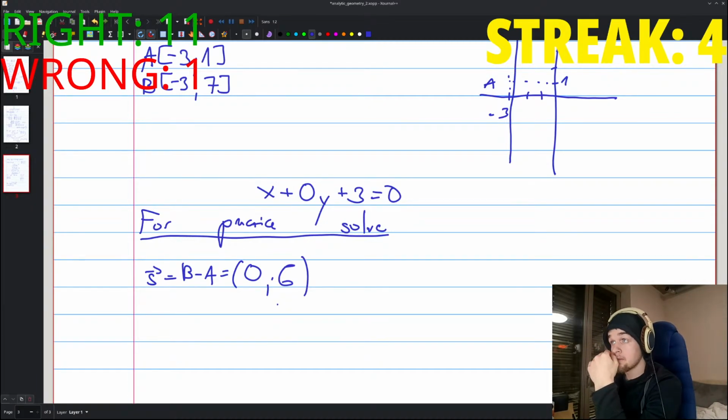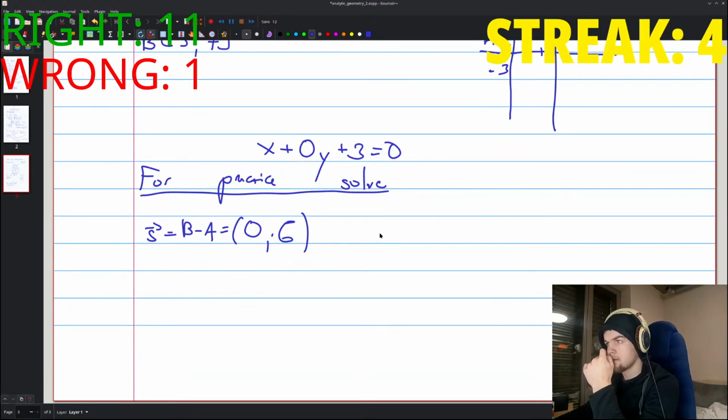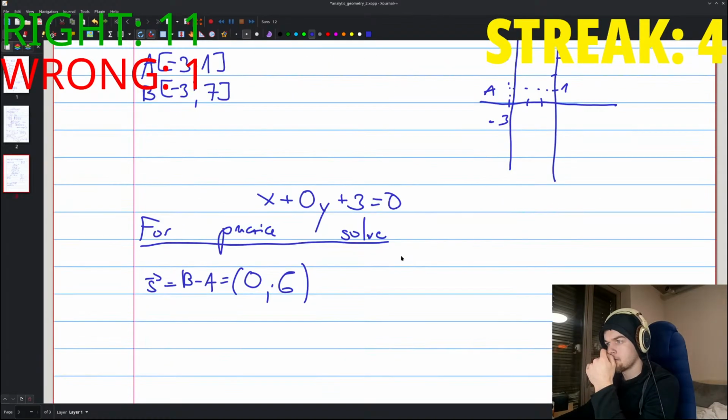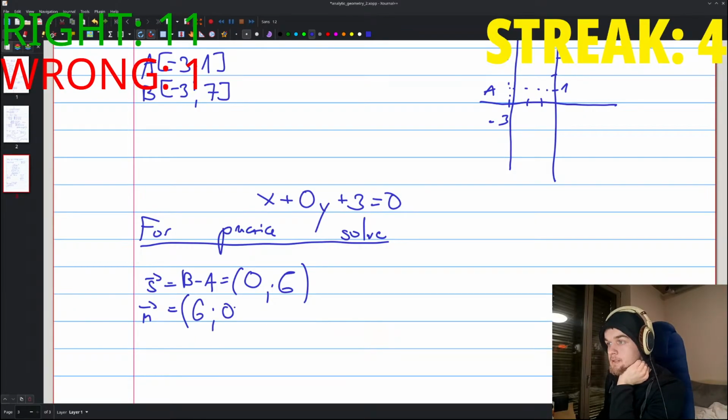And then the normal vector of that is 6 and 0.